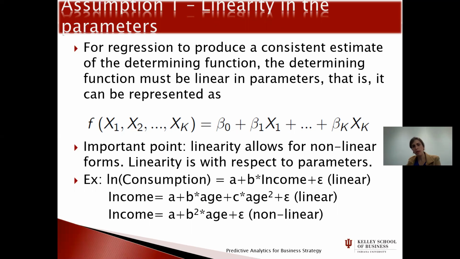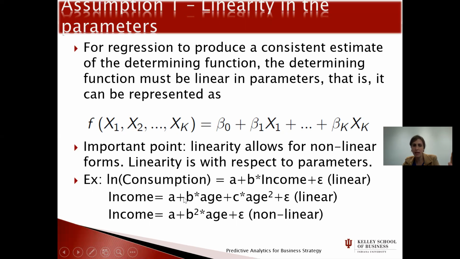So essentially, I cannot have, for instance, the third one, beta square, right? So here, I have the square of my beta. I don't want that situation. My model is not going to be useful in that case.